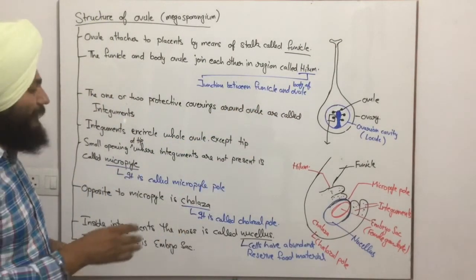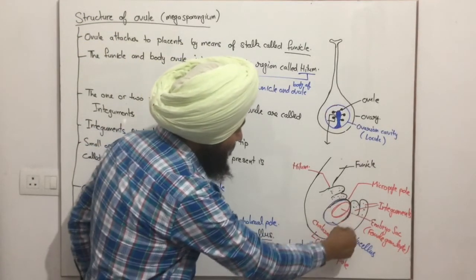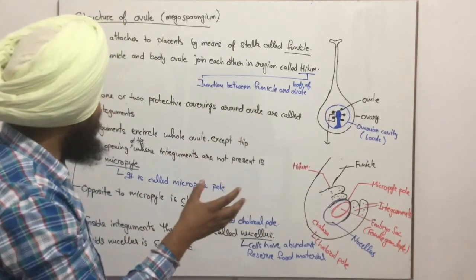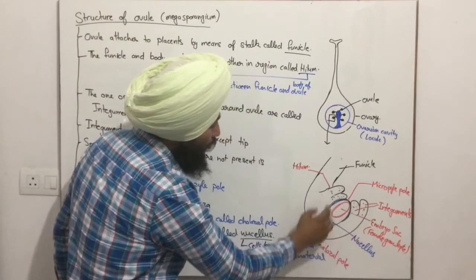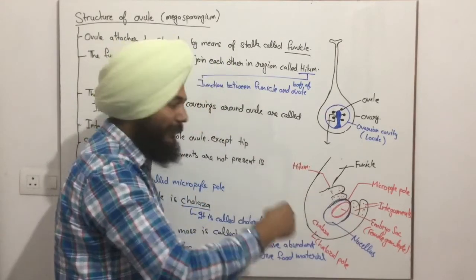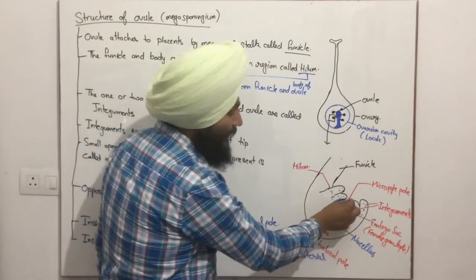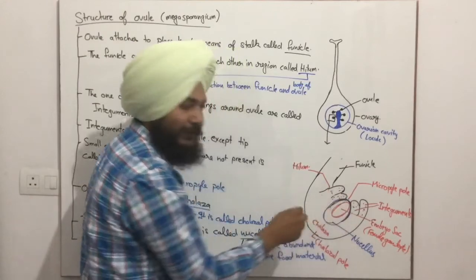There are one or two coverings around the ovule called integuments, which cover the whole ovule, but at the tip of the ovule the integuments are not present, okay.